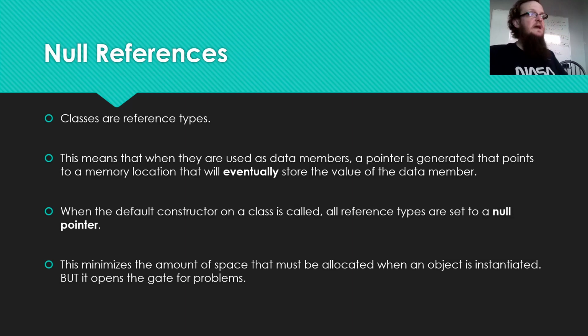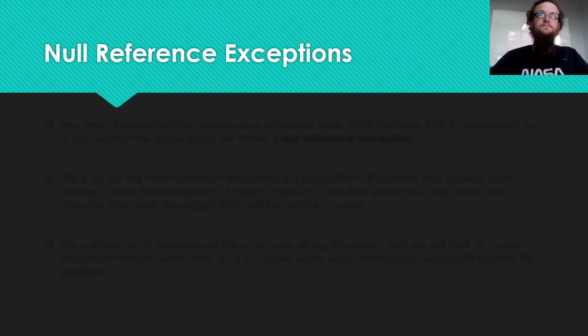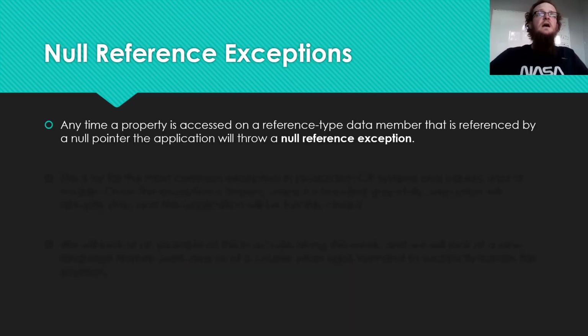However, it opens the gate to this null reference exception situation that we're going to try throughout the class to avoid. Anytime you try to access a property on a class that has been referenced by a null pointer, you will get a null reference exception.